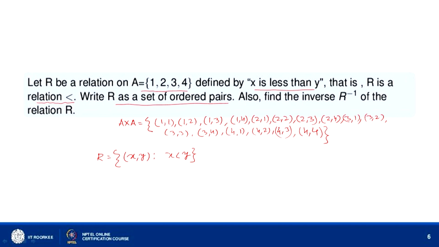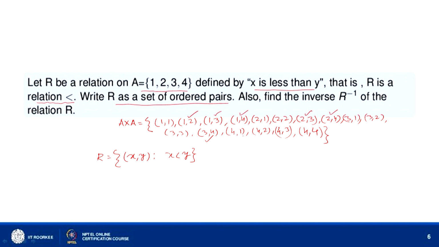Okay. So, here (1, 2) we can take because 1 is less than 2, (1, 3) we can take, (1, 4) we can take, then we can take (2, 3), because 2 is less than 3, then we can take (2, 4), then (3, 4).